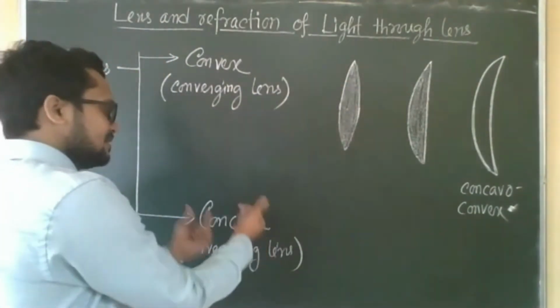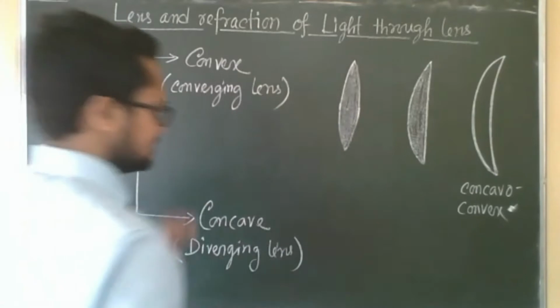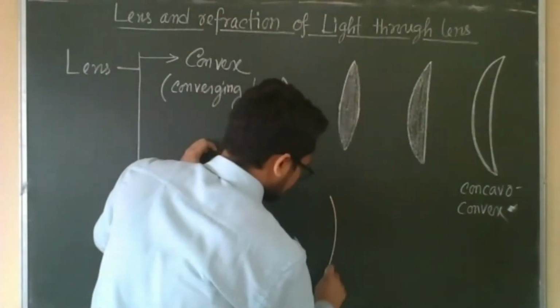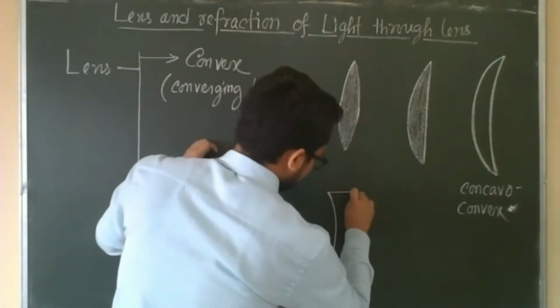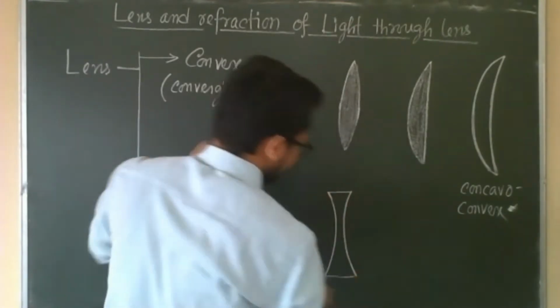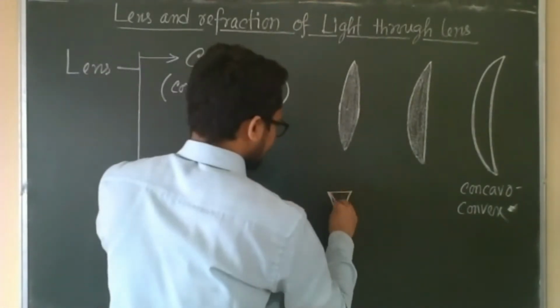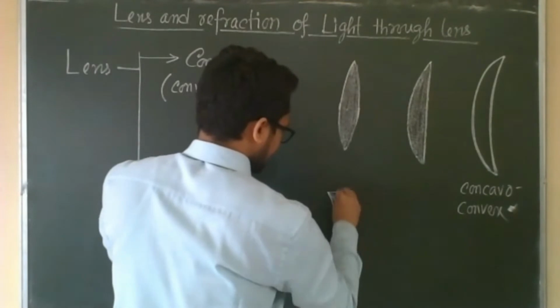In the same way, there are three kinds of concave lenses. This is biconcave.